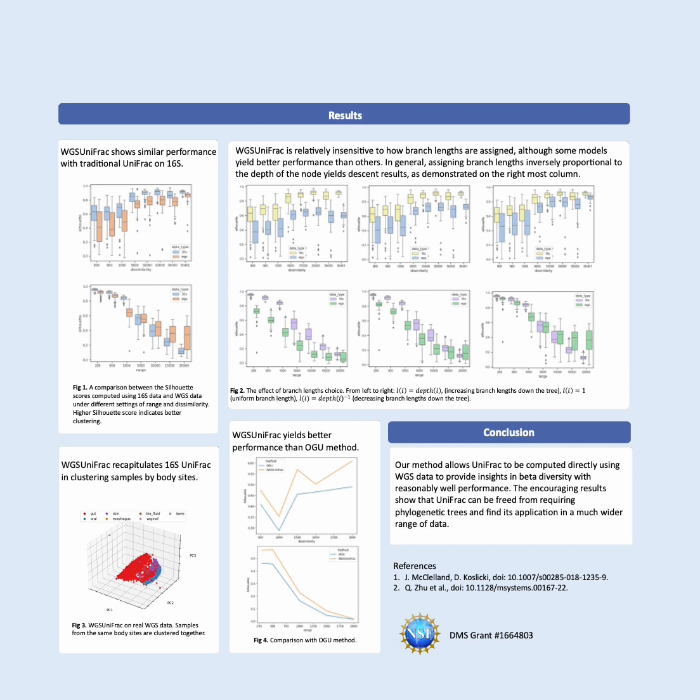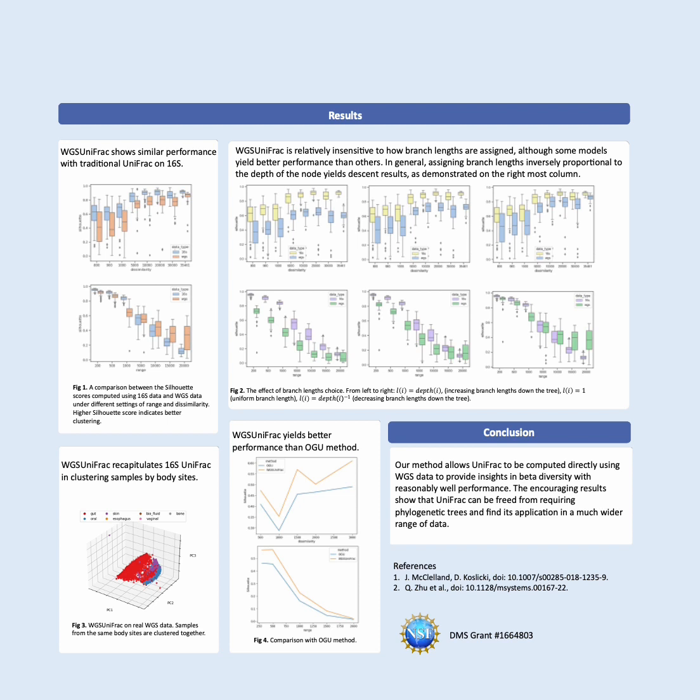Overall, we can see that WGS UniFrac is relatively insensitive to branch length assignments. However, among the three models presented here, decreasing branch lengths down the tree yields the best results. This is expected because it captures the general biological trend in real life that organisms at the lower part of the tree were more evolutionarily similar than those higher up.